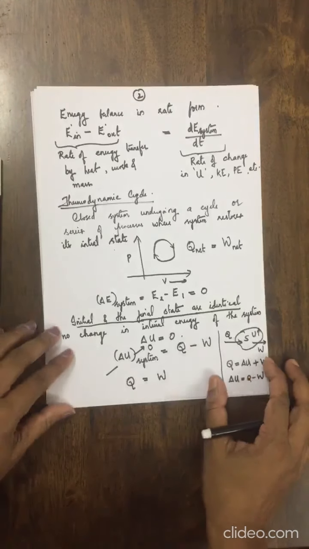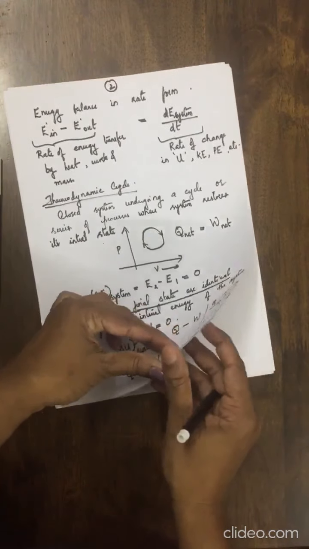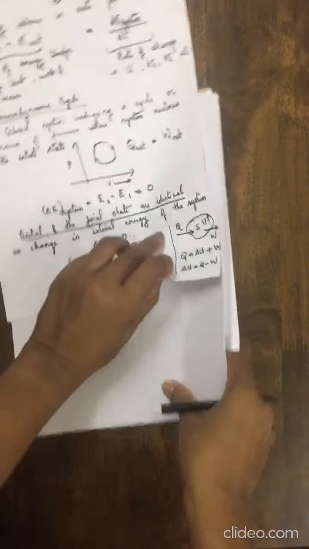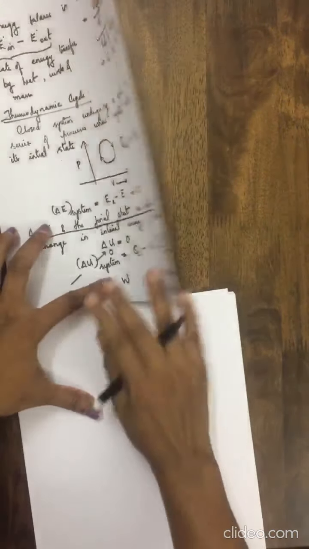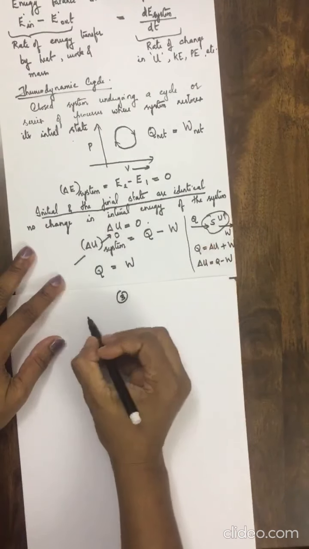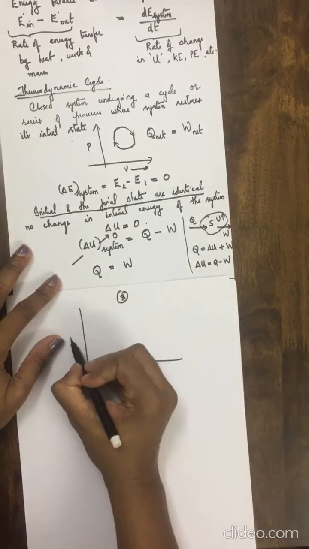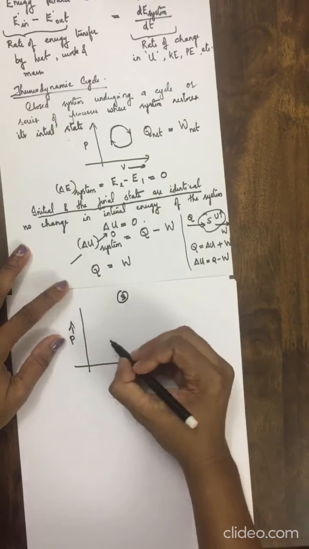We can represent a series of processes on a pressure volume diagram.